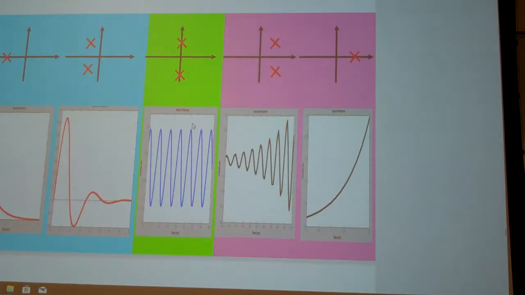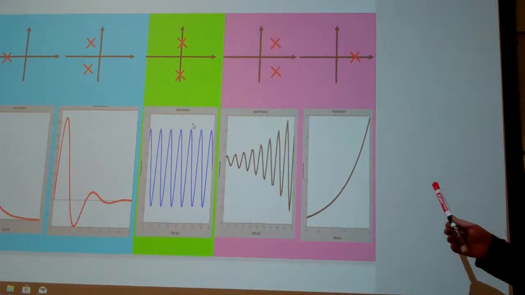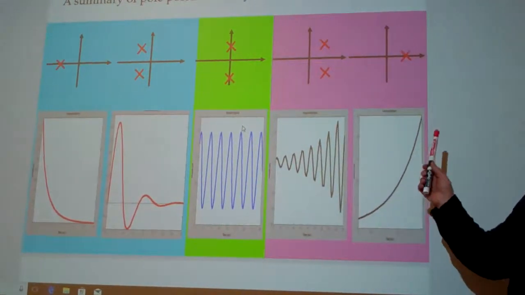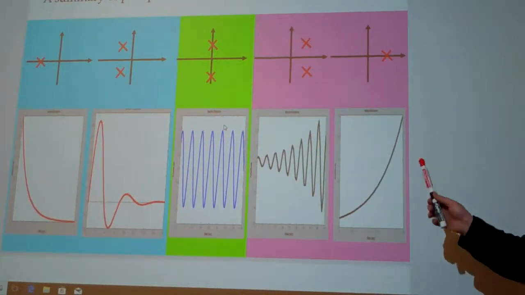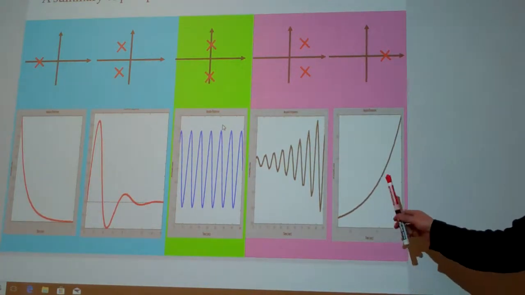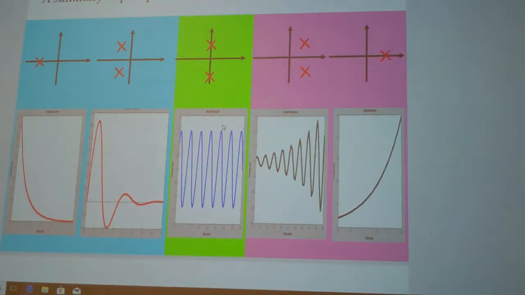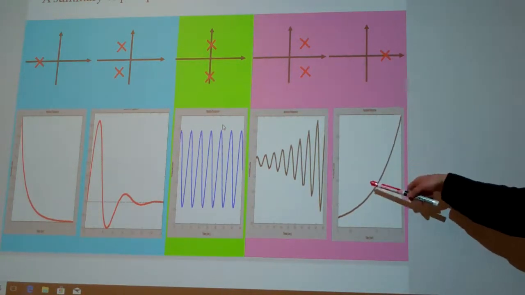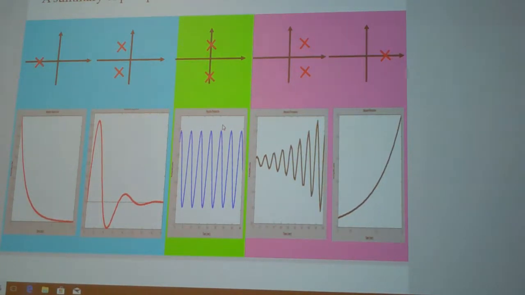This page is a very good one, and I think if you can mentally see this page, it basically summarizes everything we have done so far. It quickly tells you schematically how the system will look.